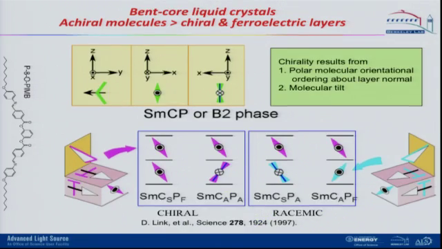So let me tell you a little bit about liquid crystals, and what we can do with these novel techniques. Banana liquid crystals are interesting because if you have achiral small molecules, depending on how you pack them, you can pack them into symmetric layers, which can be either chiral or racemic.